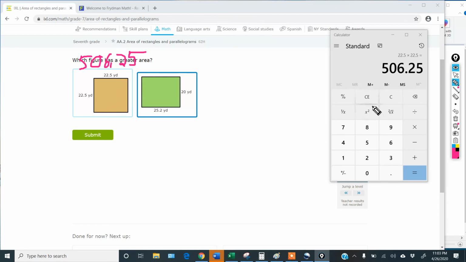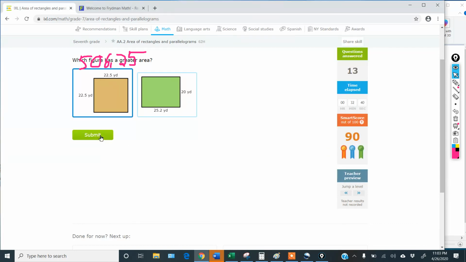That was for this one. And the other one was 25.2 times 20. So that should be 504, right? Because it's like 25.2 times 10 would be 252. And then times 2 would be 504. So that should be 504. Okay, so that means that this one is bigger.